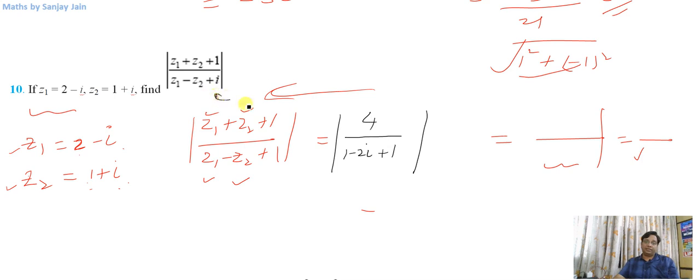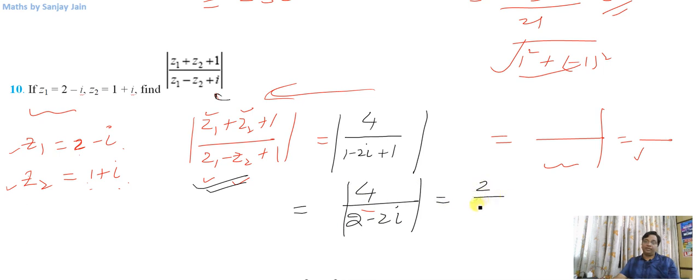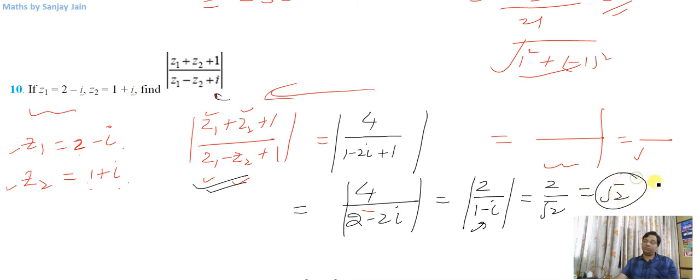As per NCERT book, this is the question. So let us see what will the answer be now. 4 by 2 minus 2 iota I'll have. So this will be 2 by 1 minus iota, right? And we know the mod of 1 minus iota is root 2. So 2 upon root 2, hence root 2, this will be your answer as per the question given in NCERT.